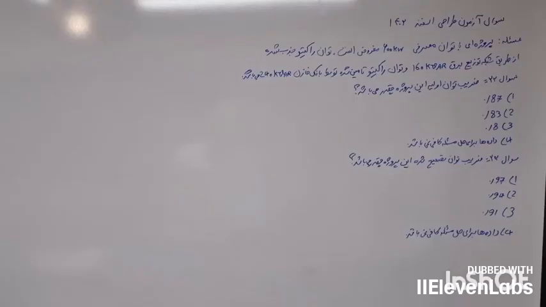The first concept we derive from the question here is that there is no capacitor in the circuit. So what is the initial cosine phi?